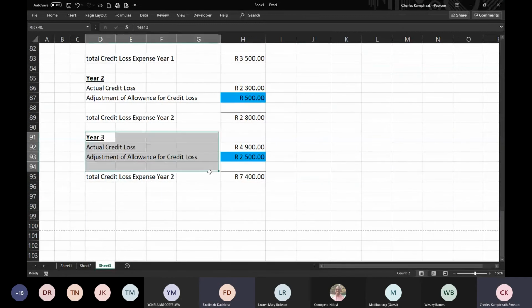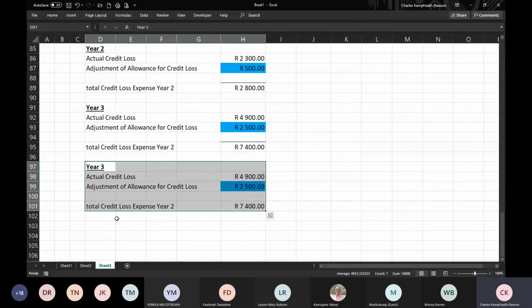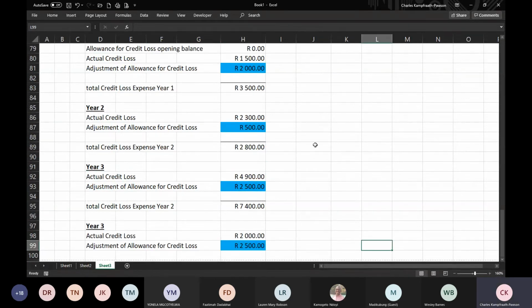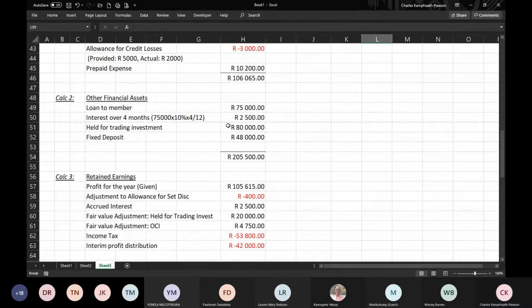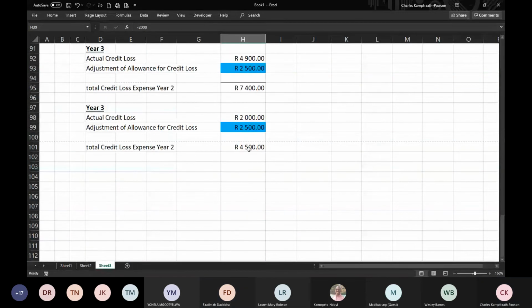Now in year 3, the year that, say, this question deals with, there was an actual credit loss of 2,000. You agree with me? There was that 2,000 loss. Yes. Do we have to provide for anything?